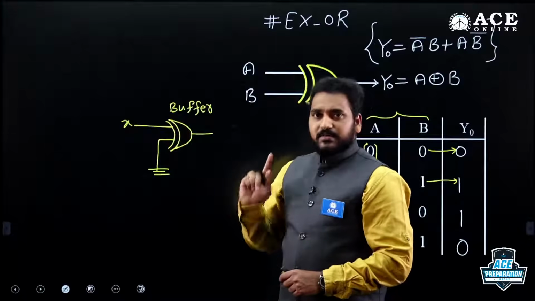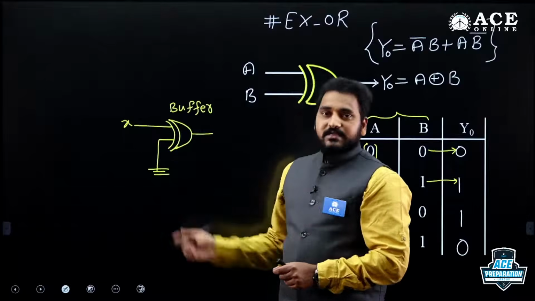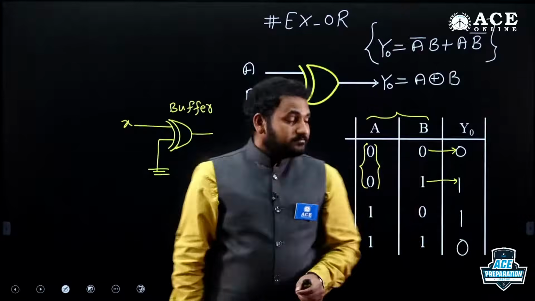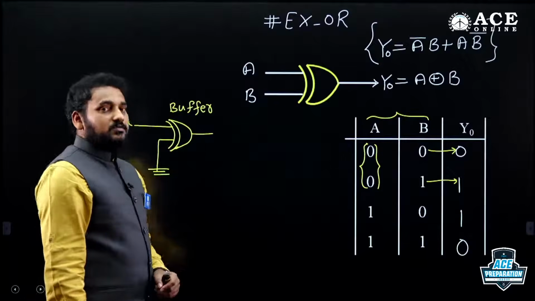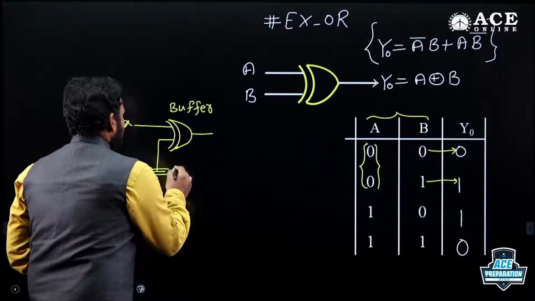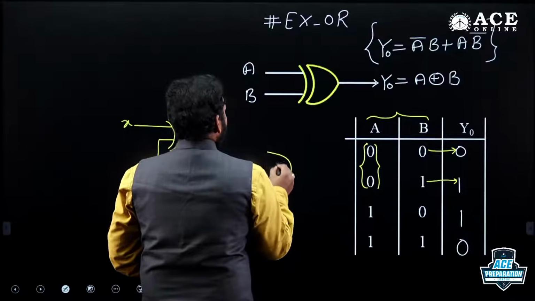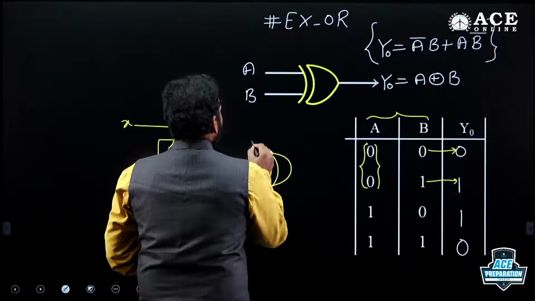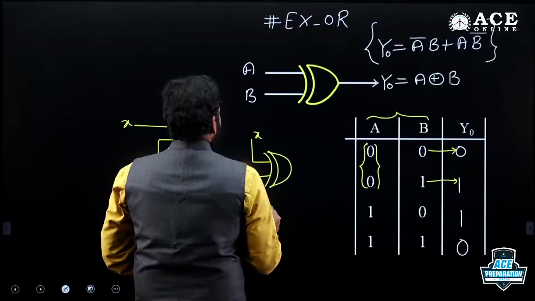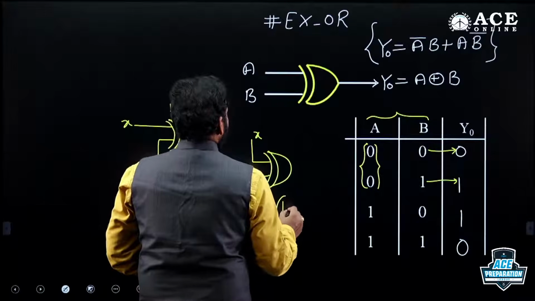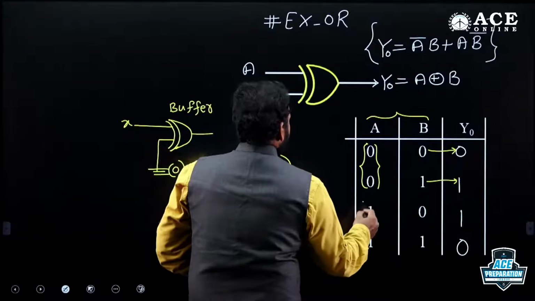So here, whatever may be the story, if one input is ground, XOR gate is acting as what? Buffer, that's all. Immediately you should ask me, sir, if one input is connected to 1, ground means logic 0. If you connect one input terminal of XOR gate to the logic 1, whatever may be X, Y, Z, whatever, if it is connected to 5 volts or logic 1, it acts as inverter.